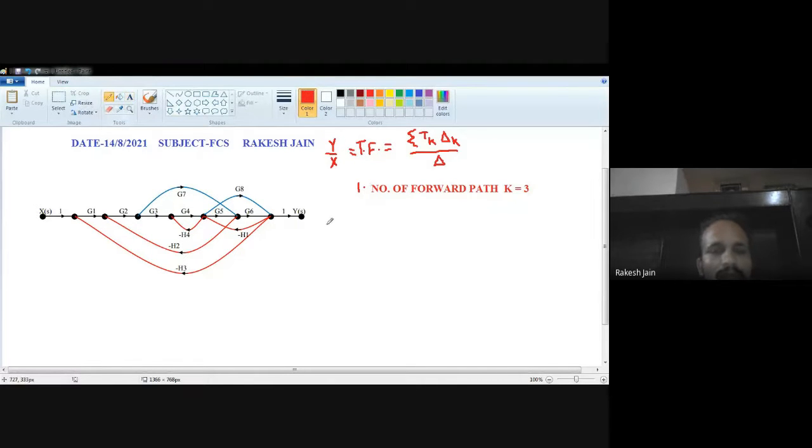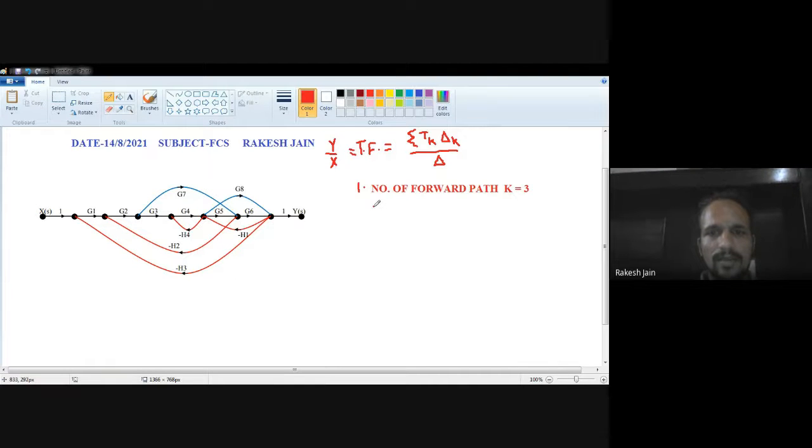During the time of writing down the forward path gains in step number two, I will show you how I concluded that there are three forward paths. Once again, there are three forward paths. So in step number one, we have to write down the formula again. What will be my formula for finalizing the answer?